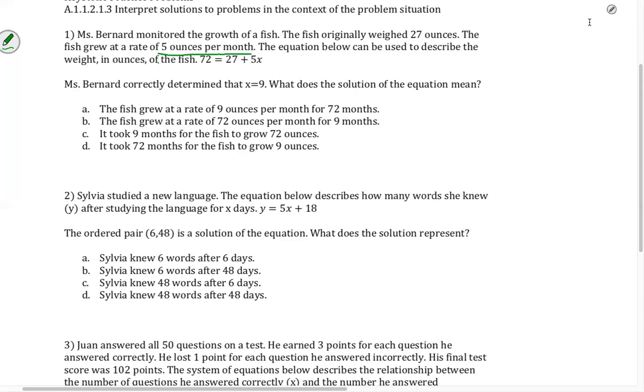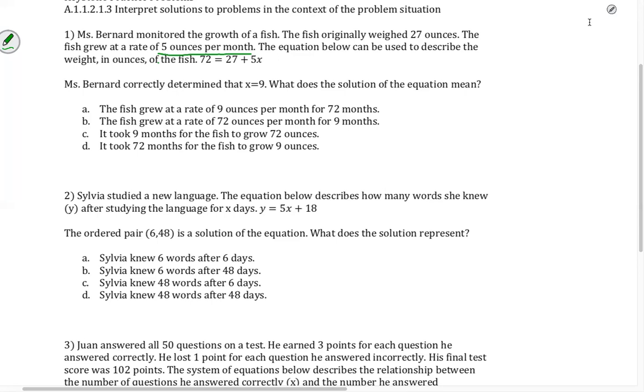So which one of my answers relates the 9 to months? A, B, C, or D? You could eliminate it down to 2 answers.